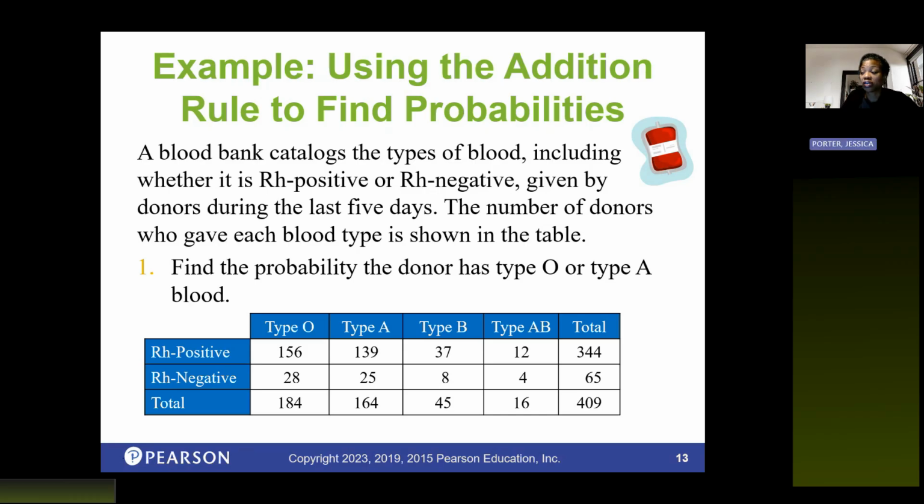Are these events mutually exclusive or not mutually exclusive? Type O or type A blood? Exclusive or no?